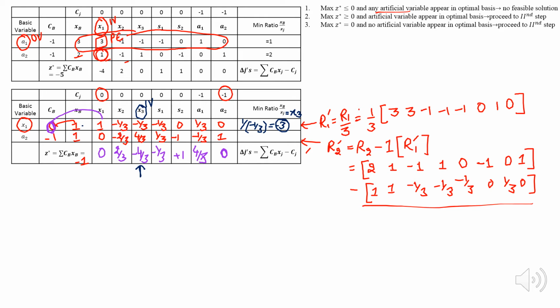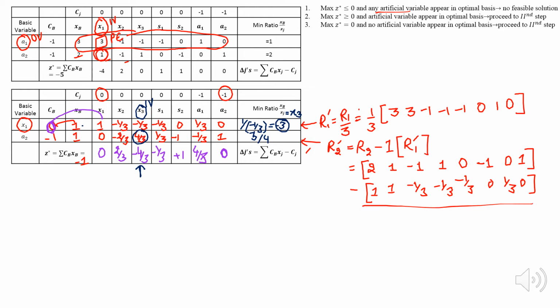Here we have to deal with the negative delta j, the most negative, and here the ratio must be non-negative. So if you again divide 1 by 4 by 3, you will get 3 by 4.